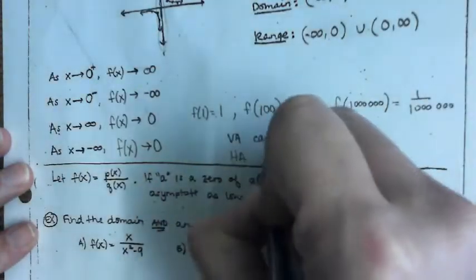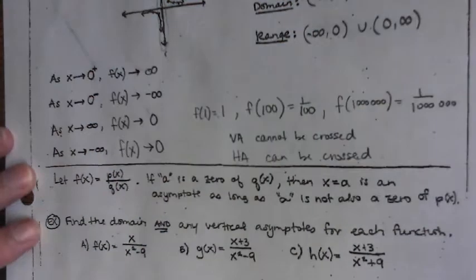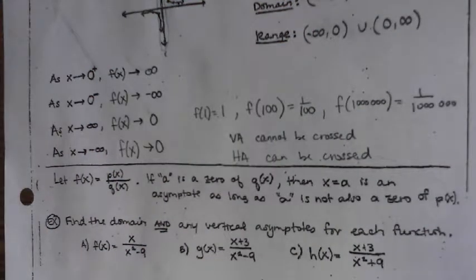Horizontal asymptotes can be crossed. I don't know that you have seen an example of when a horizontal asymptote is crossed. Probably not yet, but we will definitely see a lot this year. Horizontal asymptotes really are there to guide end behavior, whereas vertical asymptotes are there to block out a value that can't be achieved.